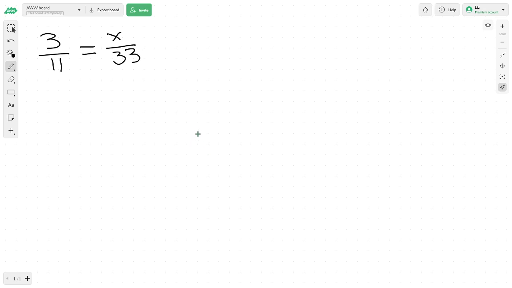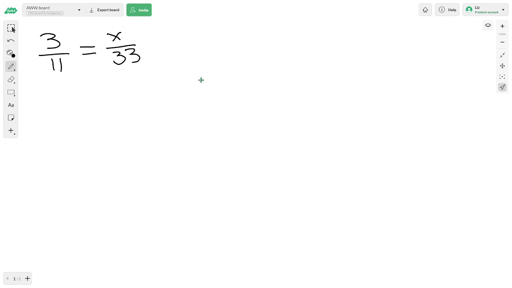So here is a proportion problem. It says that 3/11 equals x over 33. So 3 to 11 is the same as x to 33. There's a couple different ways we can look at this.